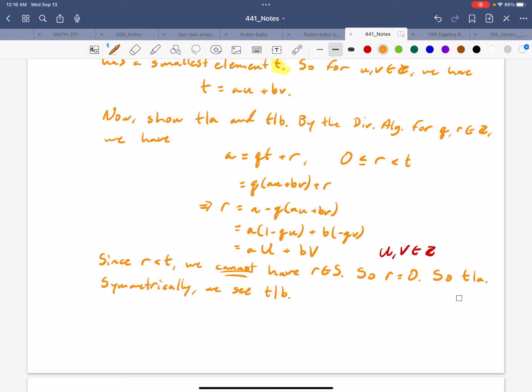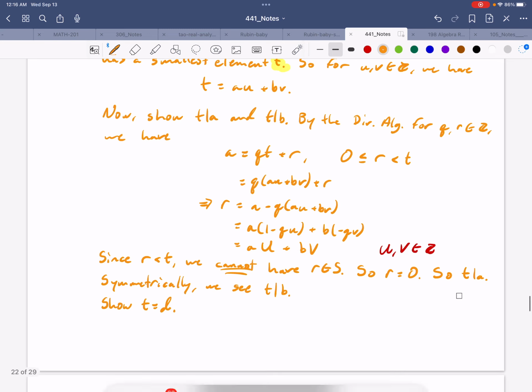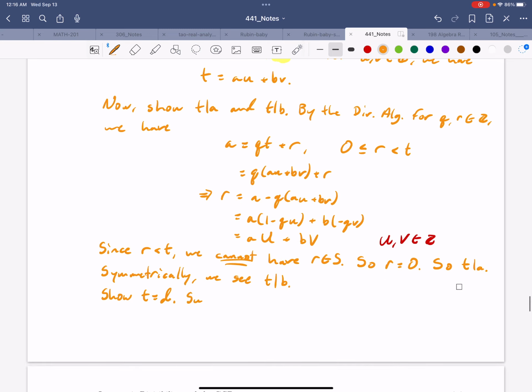We just want to show that it's the greatest common divisor of a and b. To show that, suppose that c divides a and c divides b.